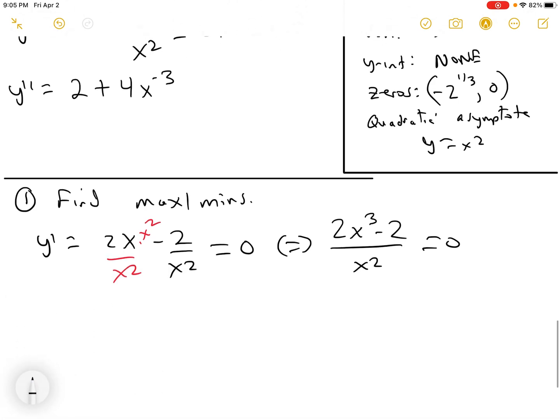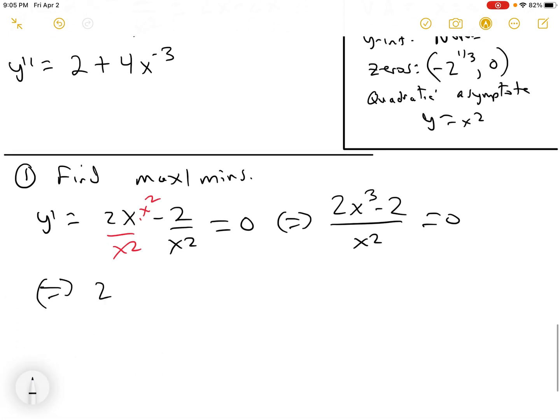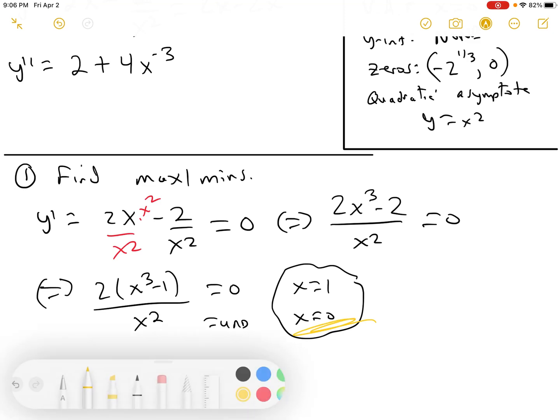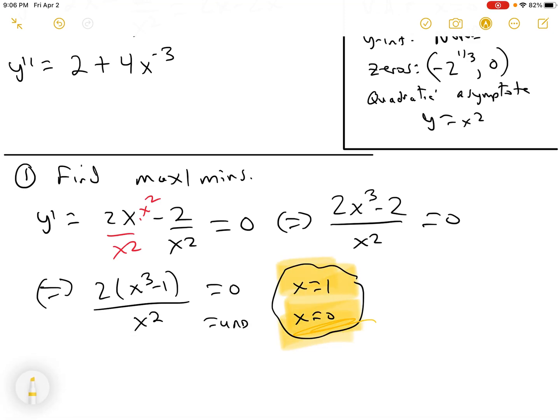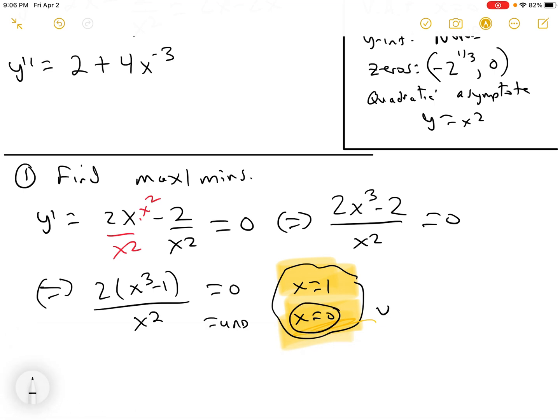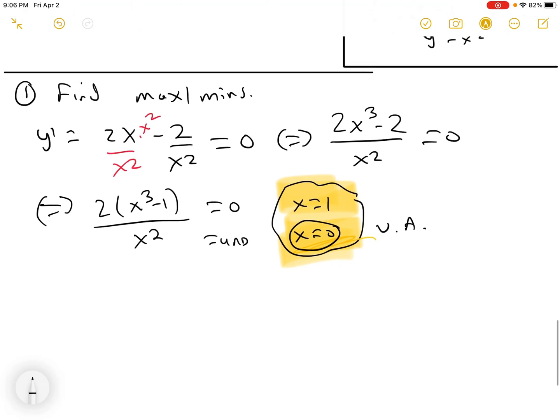Okay, and this is true if and only if we have 2 times x cubed minus 1 over x squared, and this equals 0 when x equals 1, and it's undefined when x equals 0. So these are our f prime critical points. Now we already know that x equals 0 is a vertical asymptote. We still need to put it in our sign chart.